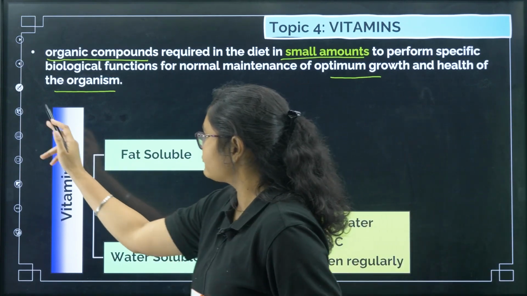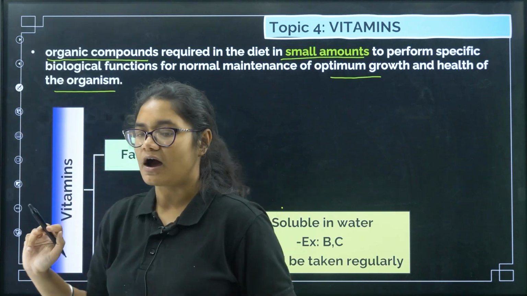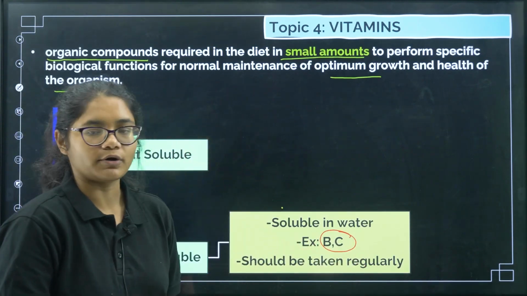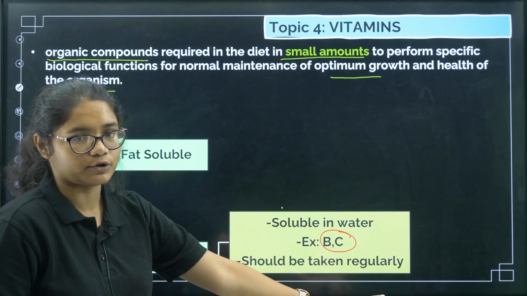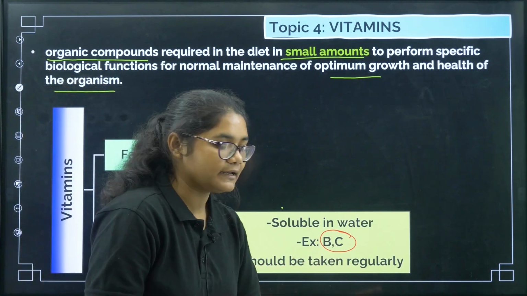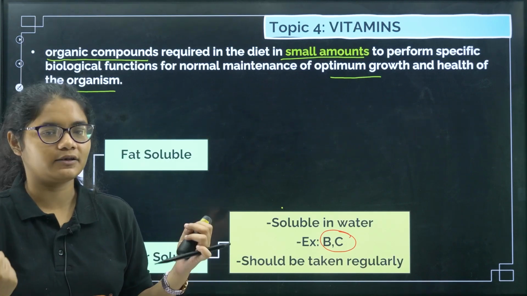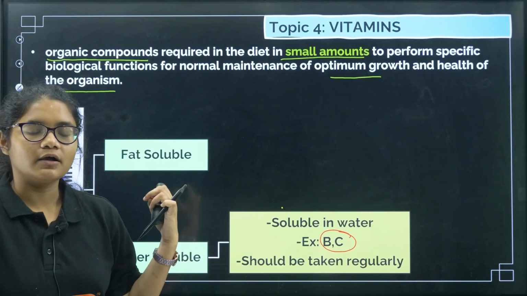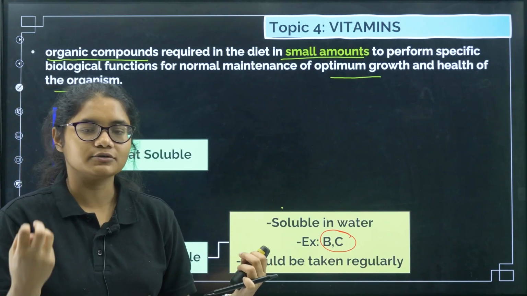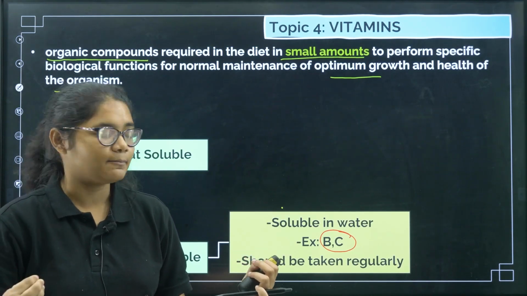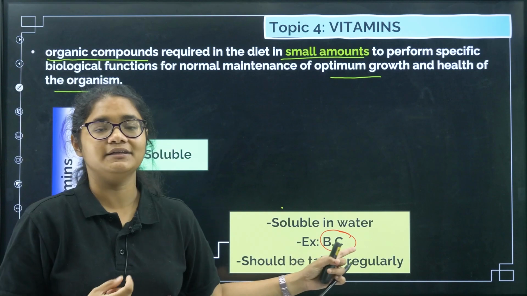Now what exactly you have to remember here is which are the vitamins which are soluble in water. Vitamin B and C are soluble in water. Now it should be taken regularly in the diet. Why? Because these vitamins are soluble in water, when we excrete, these vitamins can be lost from the body. So that is why it is very important to consume these vitamins regularly.